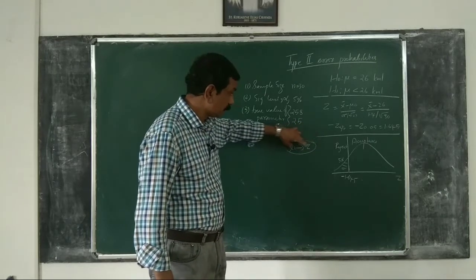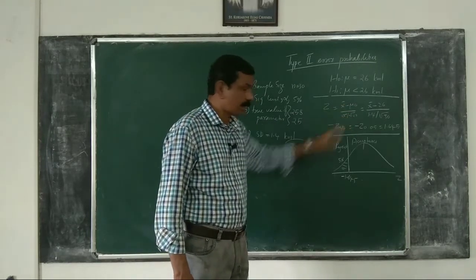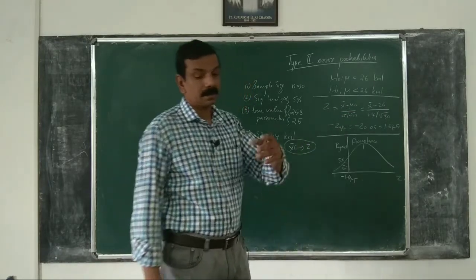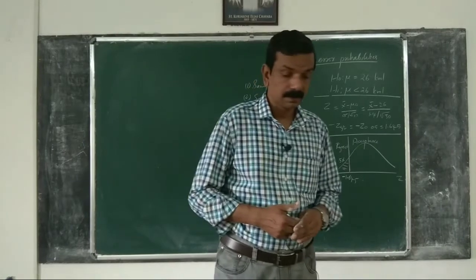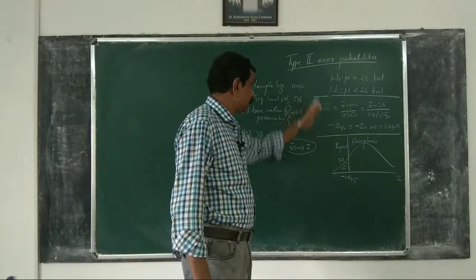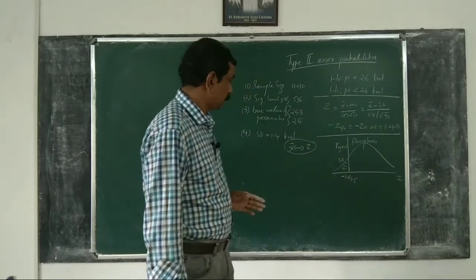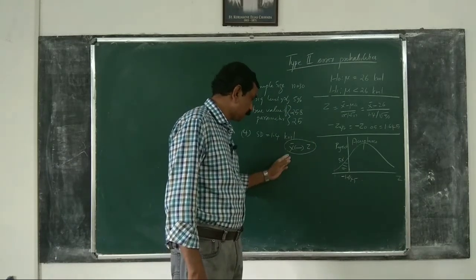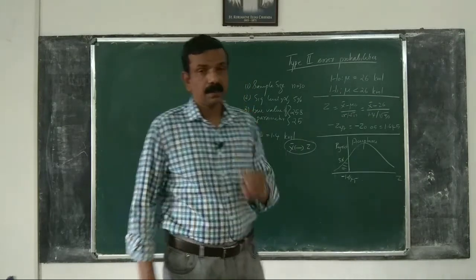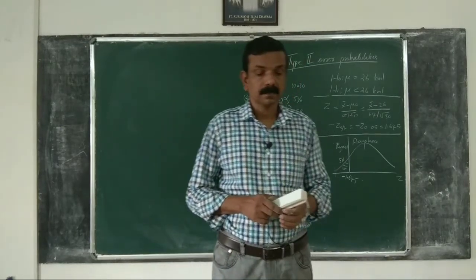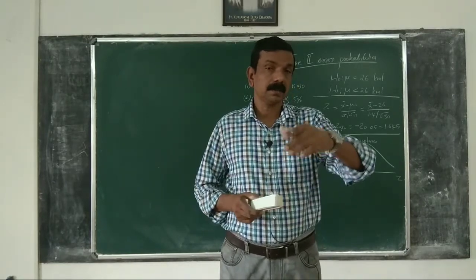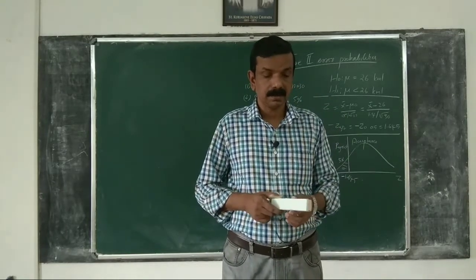Z is the test statistic derived from x bar. We can use both for accepting or rejecting the hypothesis. Now, as it is easy to derive type 2 error probabilities using x bar rather than Z, we reformulate our problem in terms of x bar rather than Z.